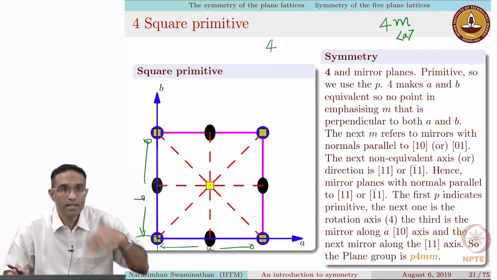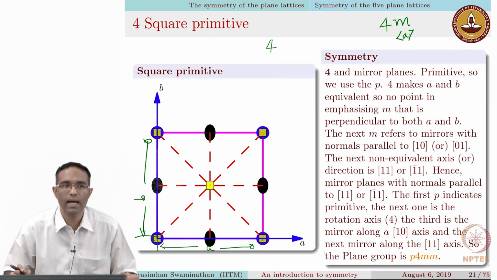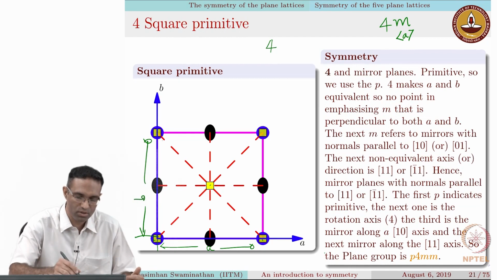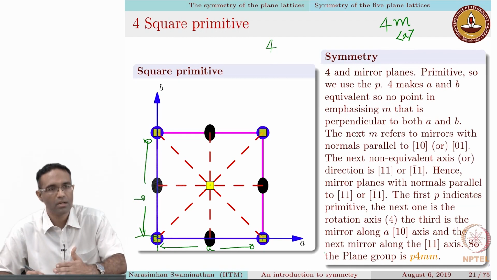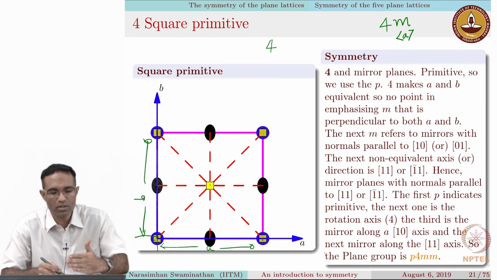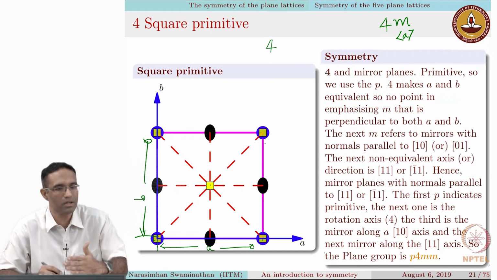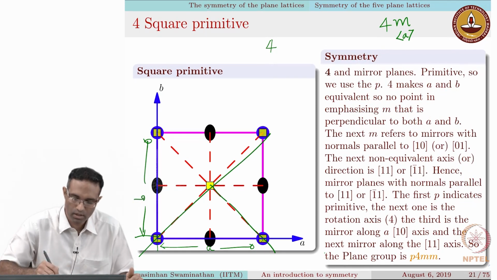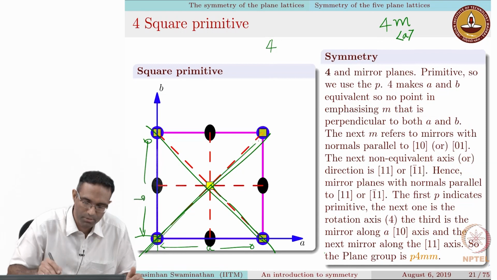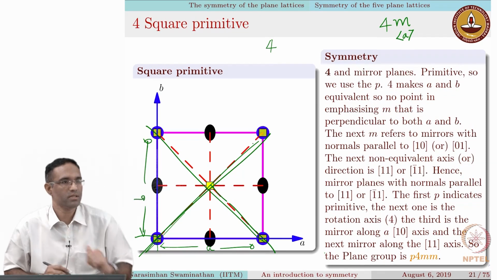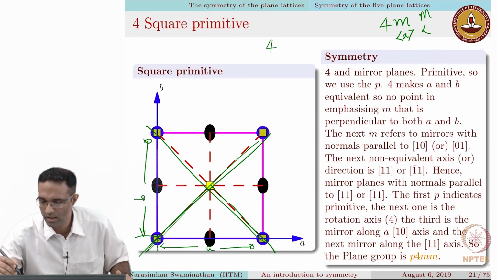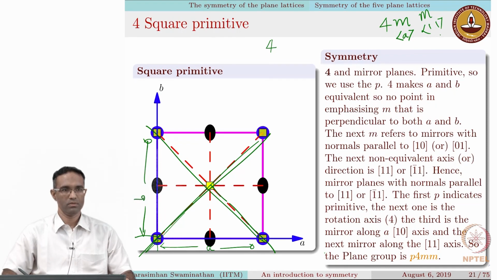The next non-equivalent direction is these diagonals. There are also mirrors whose normals are the diagonals. For example, the normal of this mirror is this diagonal, and the normal of this mirror is this other diagonal. So the next non-equivalent axis is your 1 1 or 1 bar 1 directions.